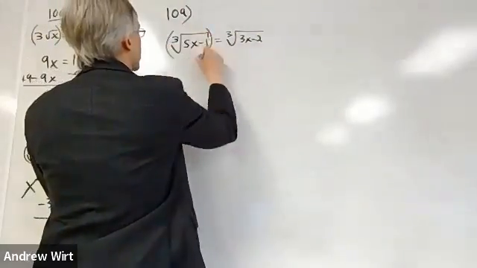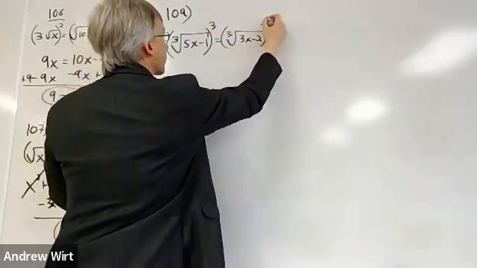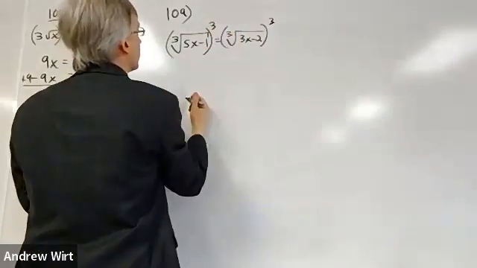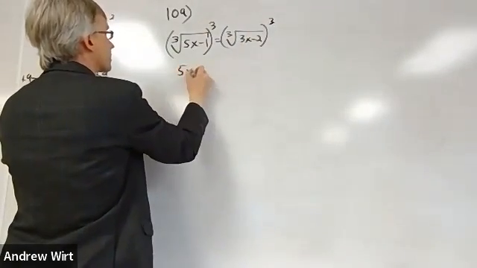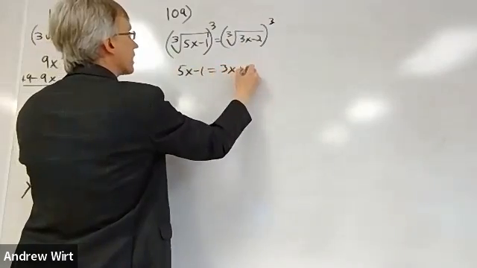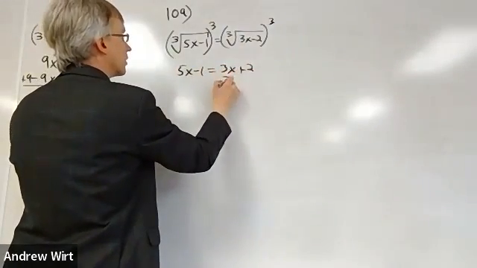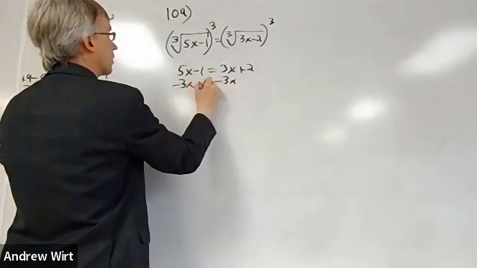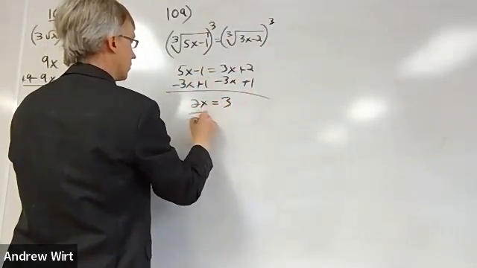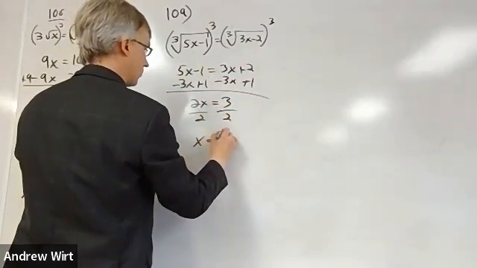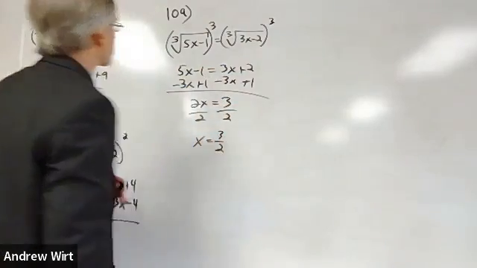So that means we have to raise both sides to the third power. Now, the exponent and index will cancel, and we get 5x minus 1 equals 3x plus 2. There we go, x is 3 halves.